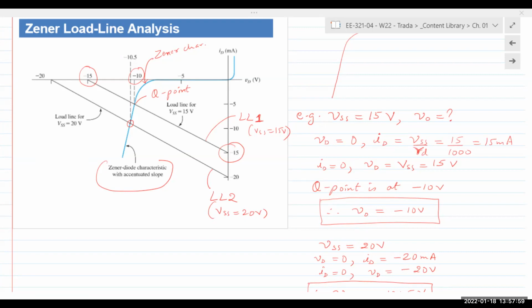This 10 volts DC plus the ripple of 2 volts is now applied to the Zener. As long as this input voltage stays below 10, the output also stays at 10. If it goes above 10, the Zener turns on, conducts the extra current through it, but the voltage of the output still remains 10. And so that's how it works as a voltage regulator.